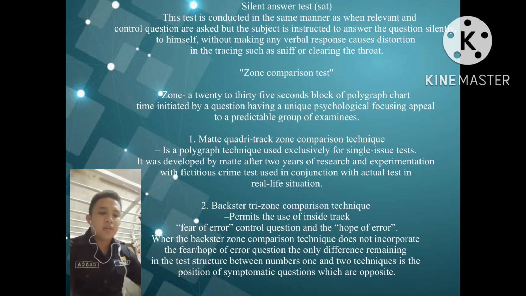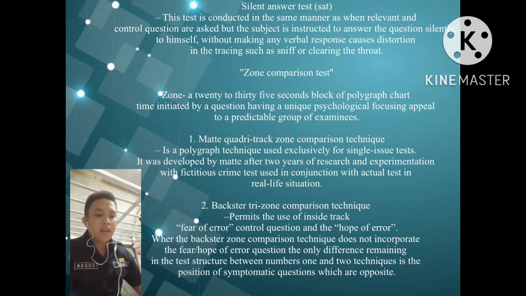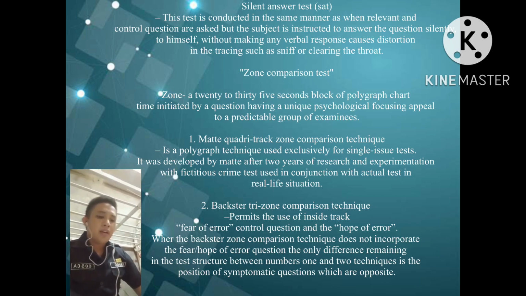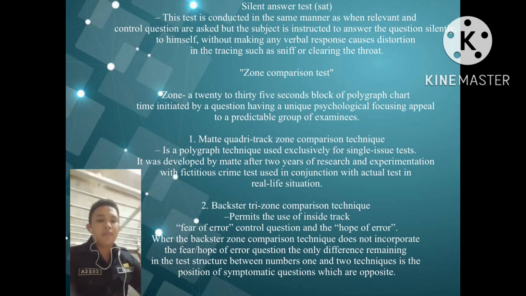Next is the zone comparison test. It is a polygraph technique developed by Cleve Backster in 1960 that encompasses three zones: black, red, and green. Red and green are compared and quantified for a determination of truth or deception.